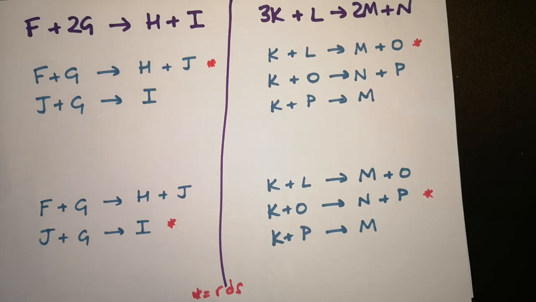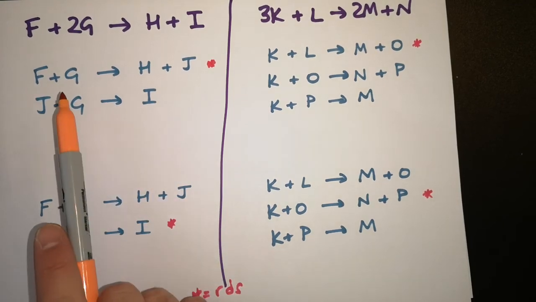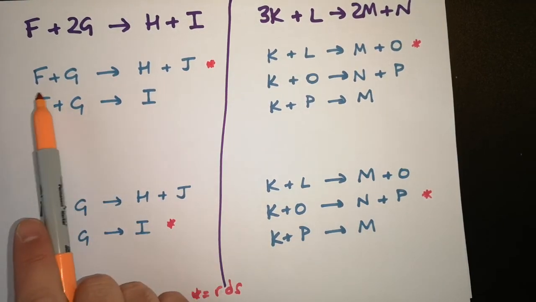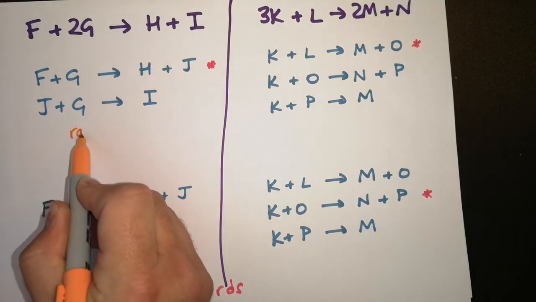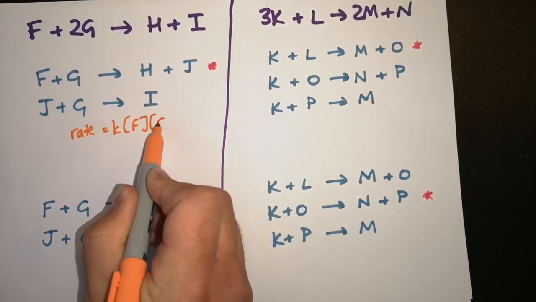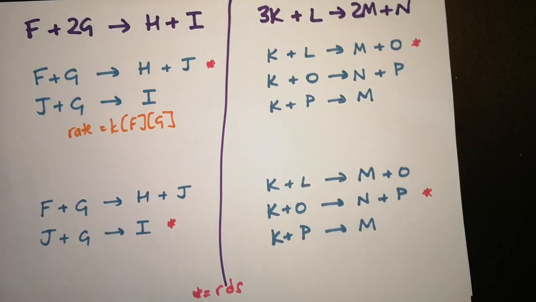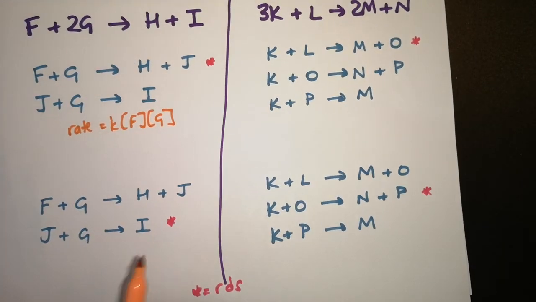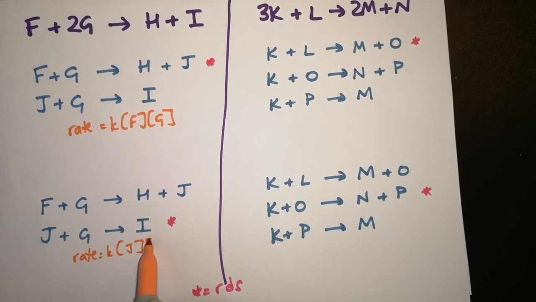Okay, so we'll start on the left hand side. Here, the rate determining step contains one F and one G. So the rate equation would be rate equals k[F][G]. Here, the second step is the rate determining step. So we want it to look like rate equals k[J][G], but the problem is that J is an intermediate and cannot be used in the rate equation.